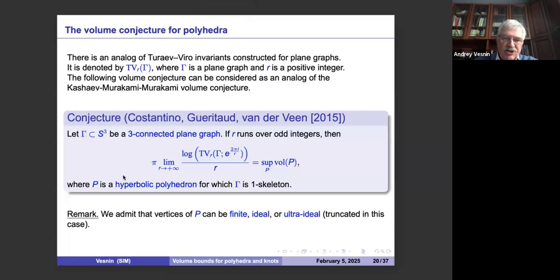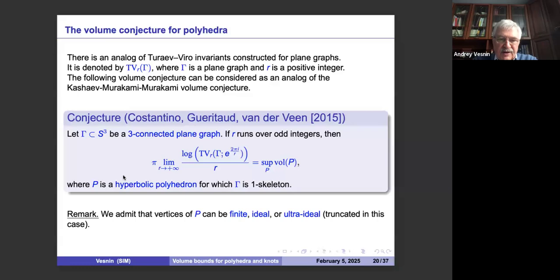And it's related to a conjecture, which is a kind of volume conjecture. Everybody knows the volume conjecture due to Kashaev and Murakami, which relates colored Jones invariants and volumes of knots. A similar conjecture was formulated by Kashaev, Costantino, Goerner, and Vu for planar graphs of polyhedra. So they defined an invariant, which is analogous to the Reshetikhin-Turaev invariant for three-manifolds, but now constructed for plane graphs, and they denote it again TV, depending on r.